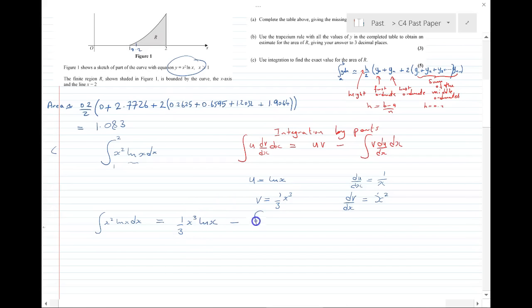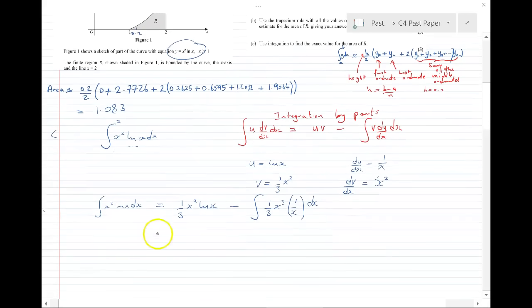Take away the integral of v du by dx, so that's 1/3 x cubed times 1 over x dx. Now we really want to be simplifying that before we integrate. Take away, that's 1/3 x squared dx.